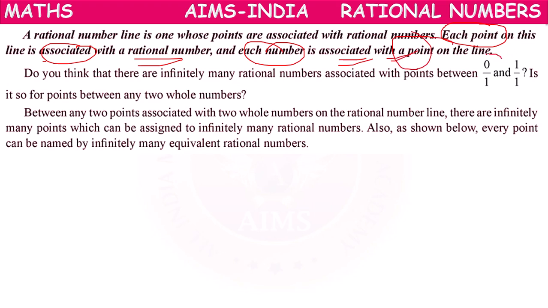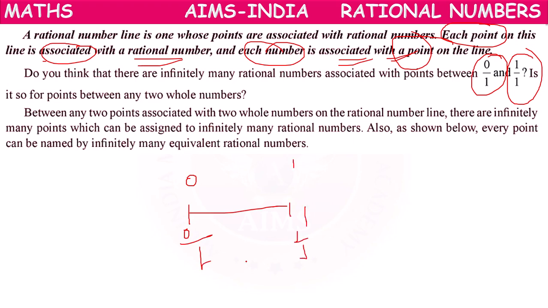Now 0 by 1 is also a rational number. 1 by 1 is also a rational number. 0 means we can write it as 0 by 1. 1 means we can write it as 1 by 1. Both 0 by 1 and 1 by 1 are rational numbers. Between this 0 by 1 and 1 by 1, if you make 3 equal parts, we will get 3 rational numbers.